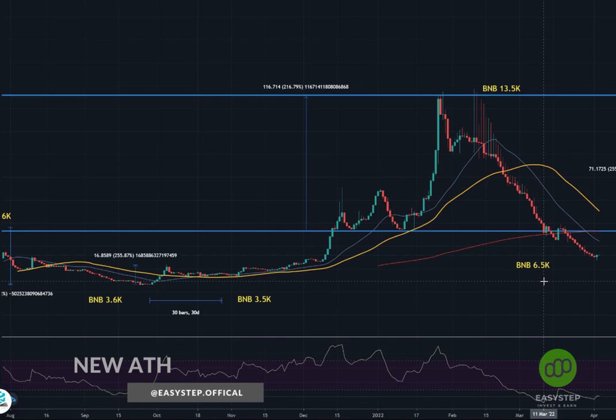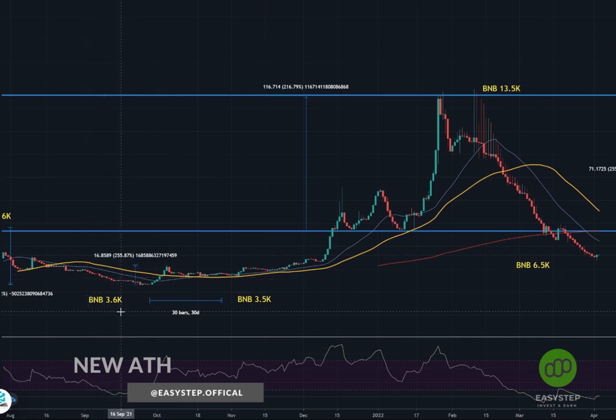Now, what I'm going to do here is assume that the price floor is right here at about $32. And what's interesting to note is that currently, if this is our price floor, our BNB balance is at 6.5 thousand, and our previous price floor, our BNB balance was at 3.6 thousand.